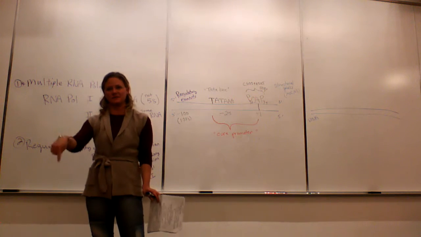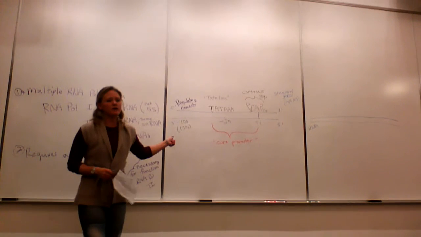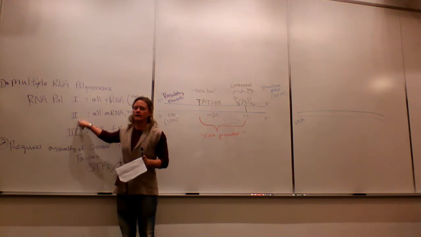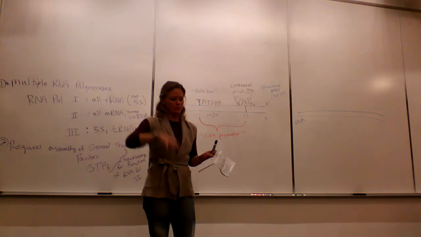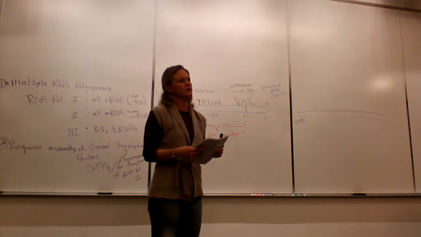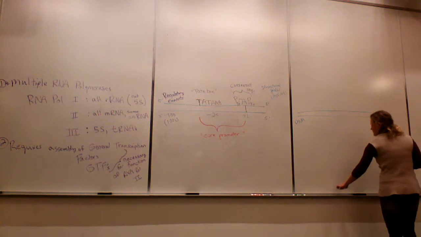So you add your DNA up here, and you have your Tata box. Think about that being our core kind of promoter sequence. We have a bunch of general transcription factors, these GTFs that I'm going to draw up on the board, and hang with me because there's a bunch of them.